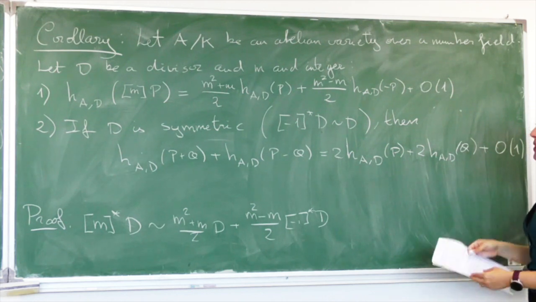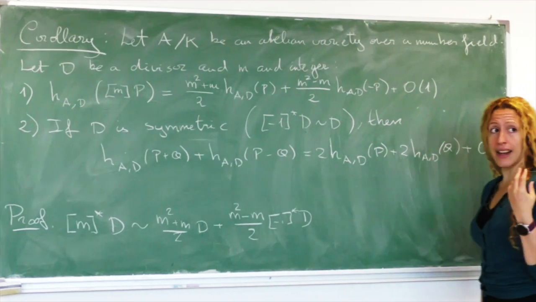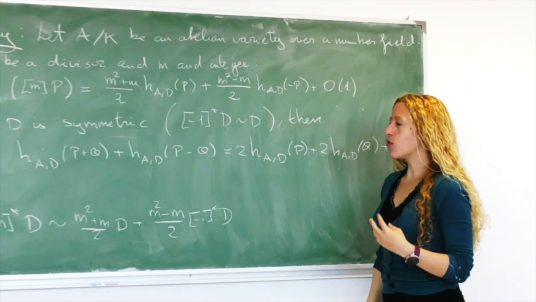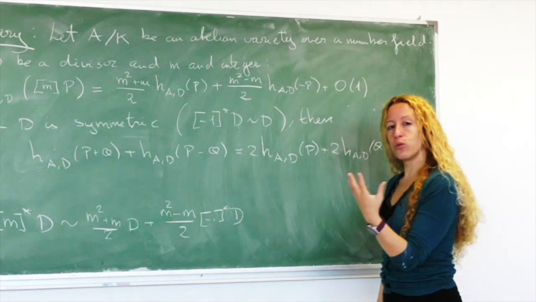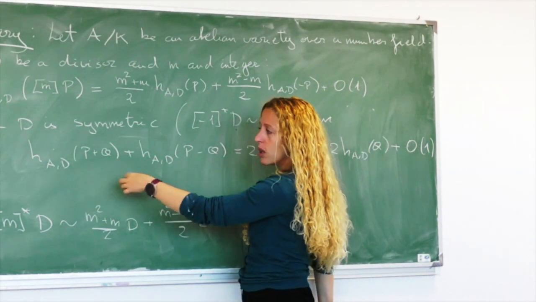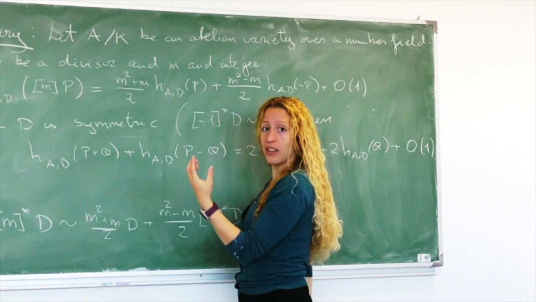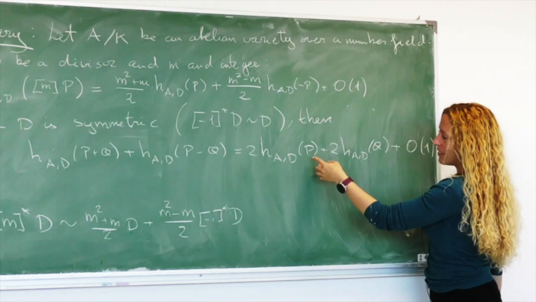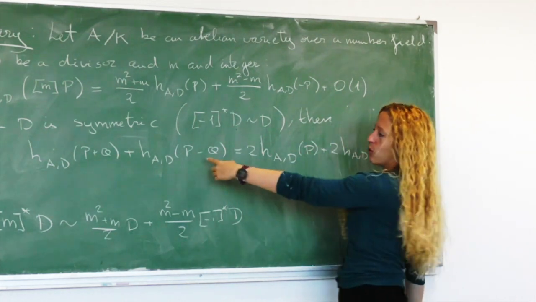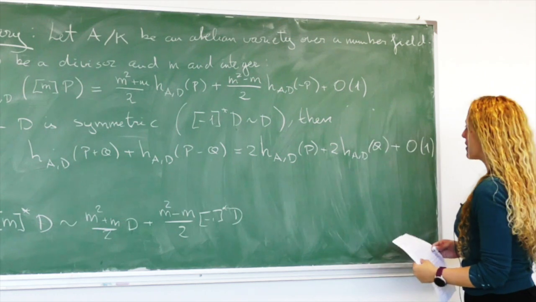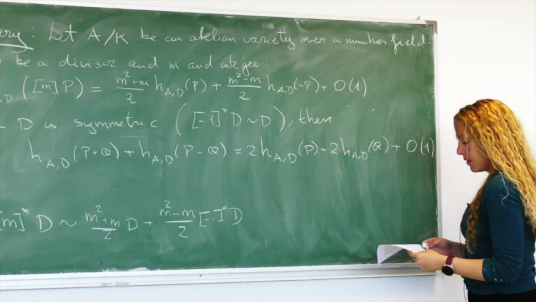And so this is nice, right? Because you have this height on the abelian variety, and you have this group law on the abelian variety, so you want to be able to say something about the height of P plus Q in terms of the height of P and Q. The thing is that you need something else. It's not only the height of P and Q, you also need the height of P minus Q. So you get this equality.